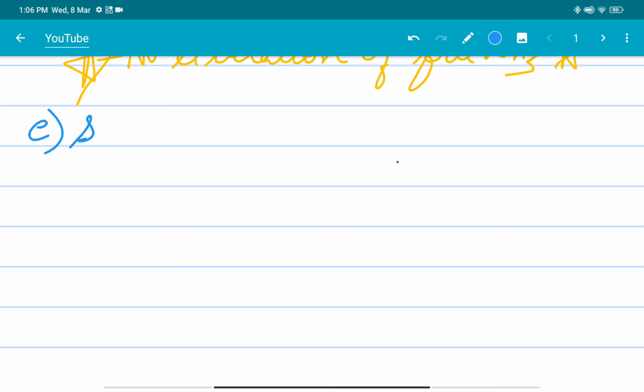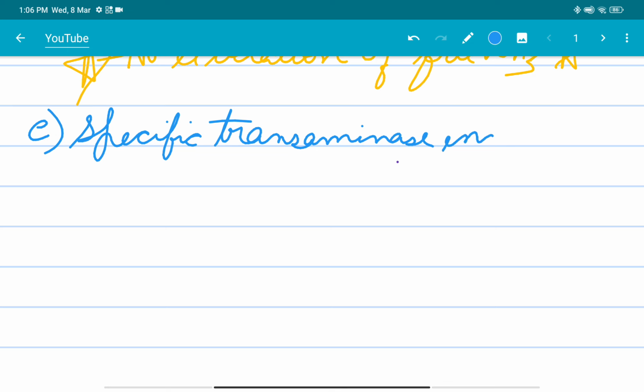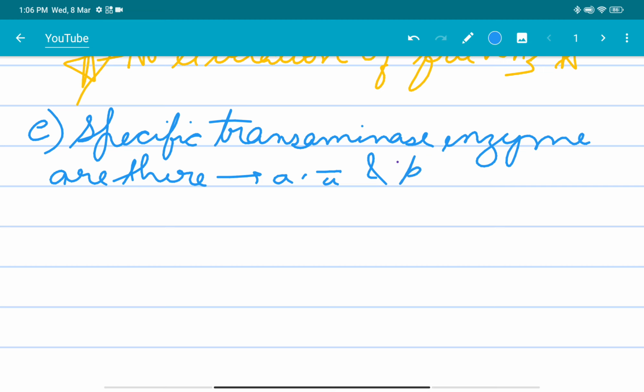Then we have learned that enzymes are specific in their action, hence a specific transaminase enzyme exists for a specific pair of amino acid and keto acid, which means there are various transaminase enzymes available for different pairs.